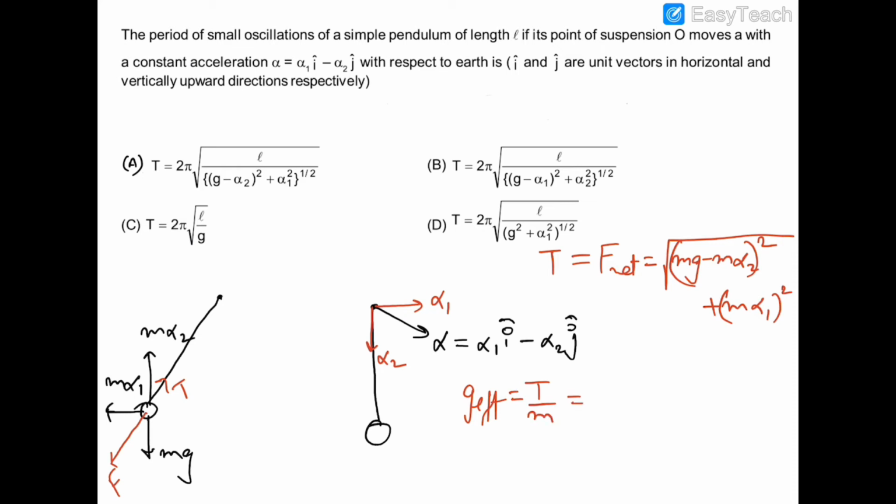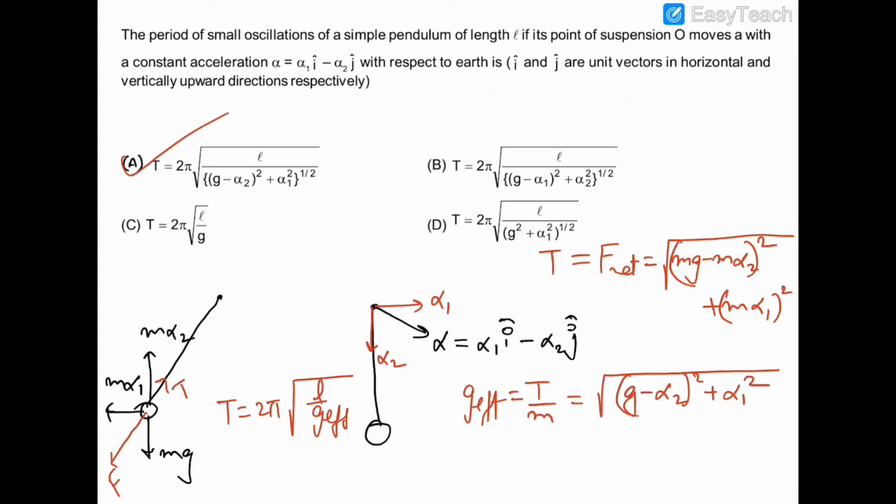So T by m will be equal to under root of (g minus α2) whole square plus α1 whole square. So the time period of SHM would be T equal to 2π under root of L by g effective. So the correct option would be option number A.